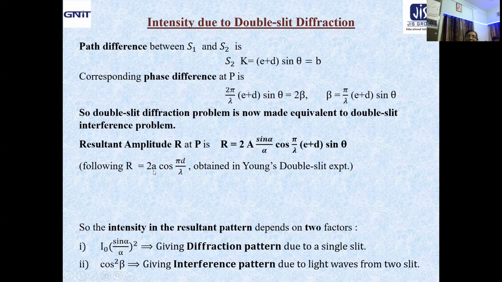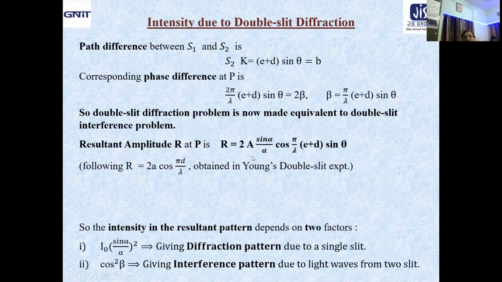What about a? The amplitude coming out of each slit, isn't that? And what about d? d was the path difference between the two slits to reach any point on the screen. Similarly, here in place of a, we got A sine alpha by alpha, that is the amplitude corresponding to each slit, and pi by lambda into the path difference, that is given as (e plus d) sine theta. So the resultant amplitude R at P is given by this.